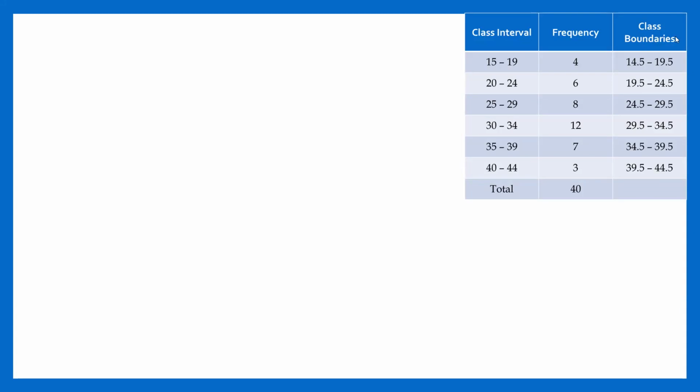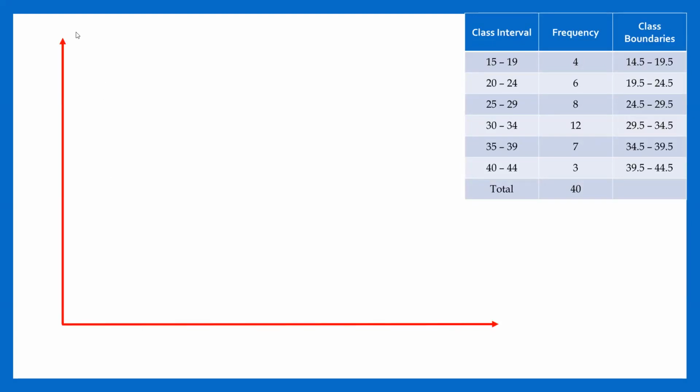Here are the class boundaries and class frequencies. When we create the histogram, the x-axis represents the class boundaries and the y-axis represents the class frequencies.